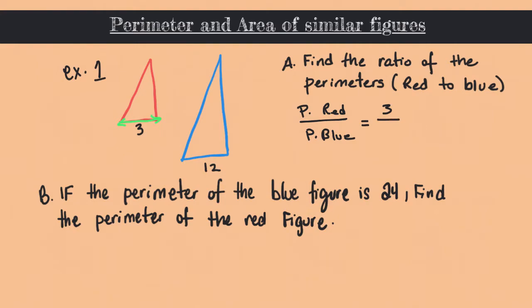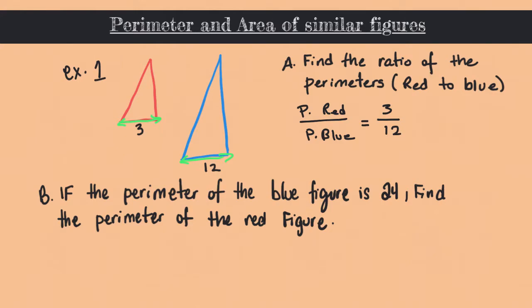And the base of our blue triangle is 12. And that goes into our denominator. Notice that I'm keeping all of the values for the blue triangle in our denominator, and all of the values for the red triangle in my numerator. Okay, I'm pairing them the way they're supposed to be paired.